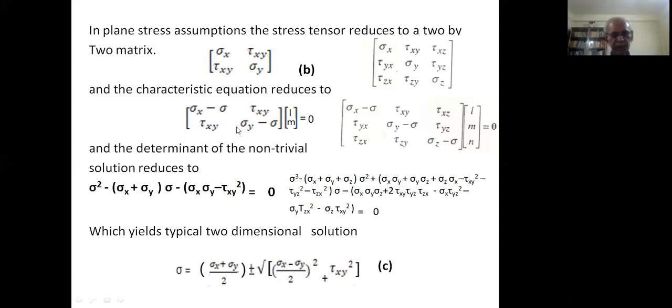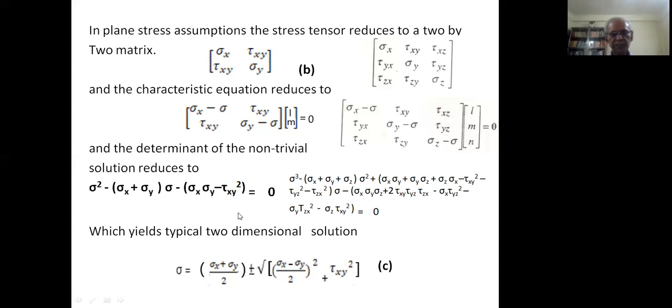If you take the determinant of this matrix, the non-trivial part, then you have sigma squared minus (sigma x plus sigma y) into sigma, plus sigma x sigma y minus tau xy squared equal to 0.